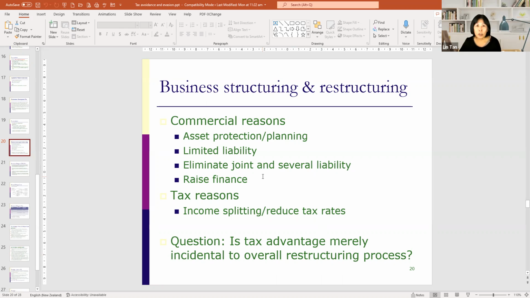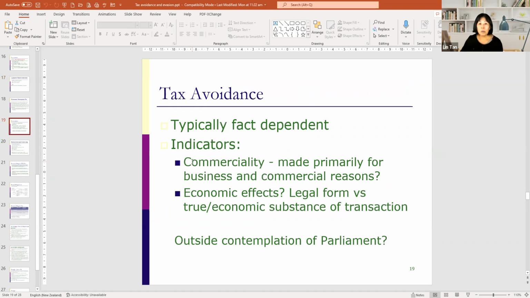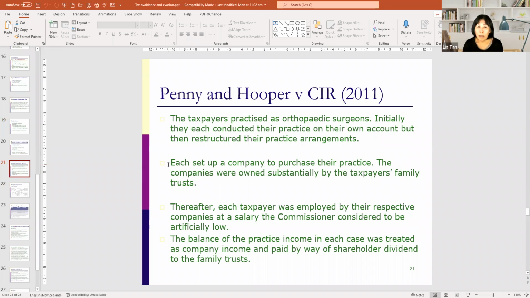If they change to a corporate structure where they reduce their tax to 28%, then you find that it will be regarded as within the contemplation of Parliament, because the Act says a company is taxed at 28%. That's what is provided in the Act. So that is contemplated by Parliament, that a company will be taxed at 28%, right? As long as there are good commercial reasons, right? And it has the economic effects as well. All right. Now, Penny and Hooper's case is a really interesting case because it's also a case about restructuring.